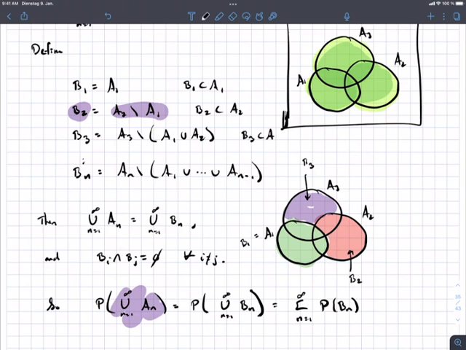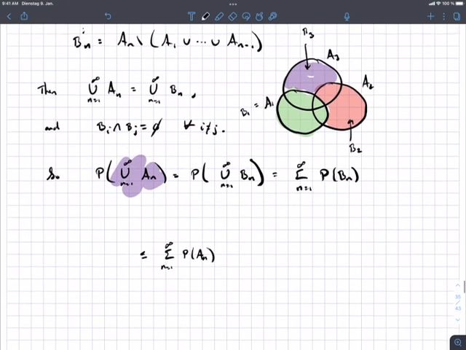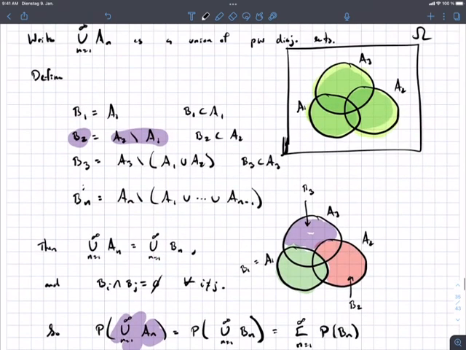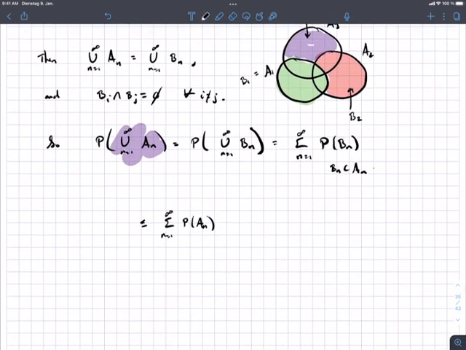B3 is contained in A3, and all the way down, Bn is contained in An. I had it backwards. This means that probability of Bn is always bounded above by the probability of An, which gives us an inequality here, and that's the one that we wanted. So we're done showing the union bound.